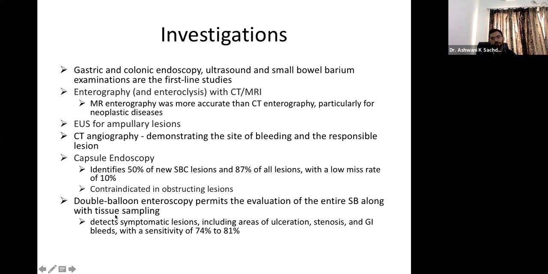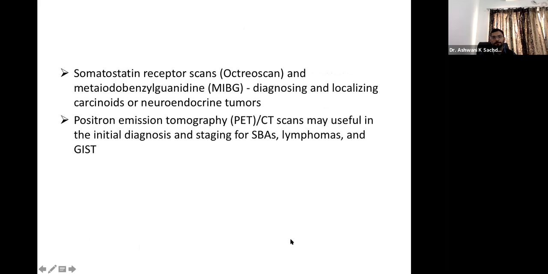Double balloon enteroscopy permits evaluation of the entire small bowel along with the ability to take tissue for biopsy. It detects small bowel lesions including areas of ulceration, stenosis, and GI bleed with a sensitivity of 74 to 81%. For neuroendocrine and carcinoid tumors, somatostatin receptor scans like octreoscan and MIBG scans are helpful in diagnosis and localization.